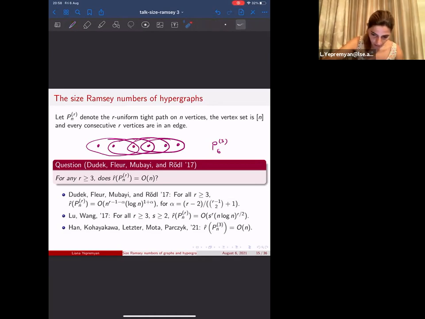The best general result, which was known prior to our work, was that the size Ramsey number of P_n^r is, up to a constant, n times (log n) to the r over 2. For r equals 3, it was proven that it is linear. So the size Ramsey number of a tight 3-uniform path is linear. This was done by Han, Kohayakawa, Letzter, Mota, and Parczyk.